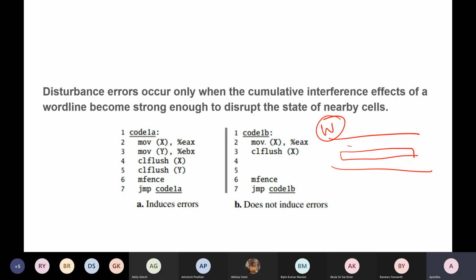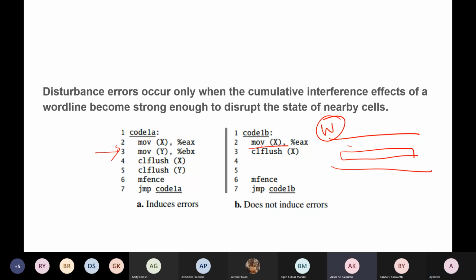But in this case, you are just reading the same data from move X. That means you are reading the same row, and the same row means this word line is not getting toggled. The word line always gets toggled when we move to some other row. Here you are not moving to any other row, so there is no toggle in this word line.